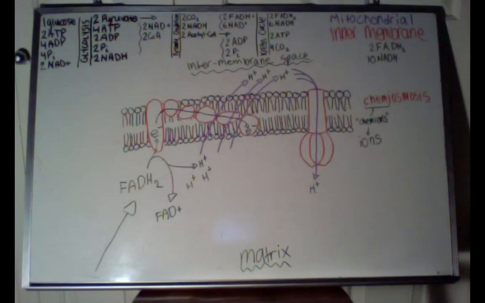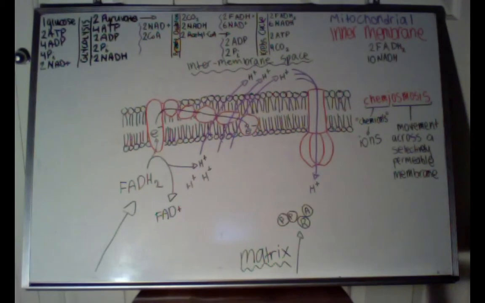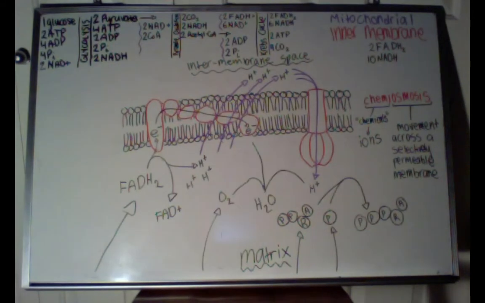Chemi refers to chemicals, in a sense, and in this case ions, and osmosis, of course, is movement across a selectively permeable membrane. So this is just the movement of these hydrogen protons across such a membrane. And so we have our ADP and our phosphate, which form ATP, and then our oxygen comes along and forms an H2O, which leaves as waste.